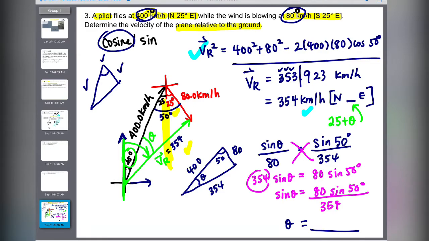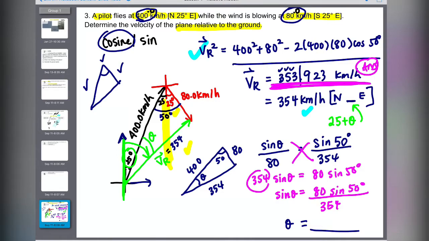And to get angle theta, you go second sine. So I'm going to punch it in the calculator. So 80 times sine of 50 divided by, so I know I talked about this before, you can just divide it by 354. You punch it in. Or this whole gibberish big number is actually in the ANS, the store answer button on it.